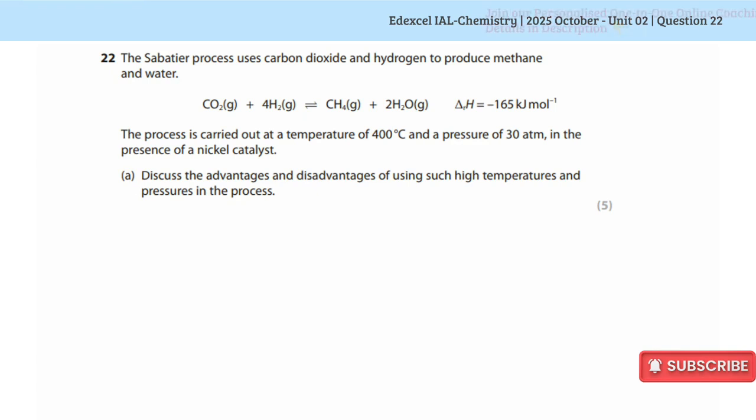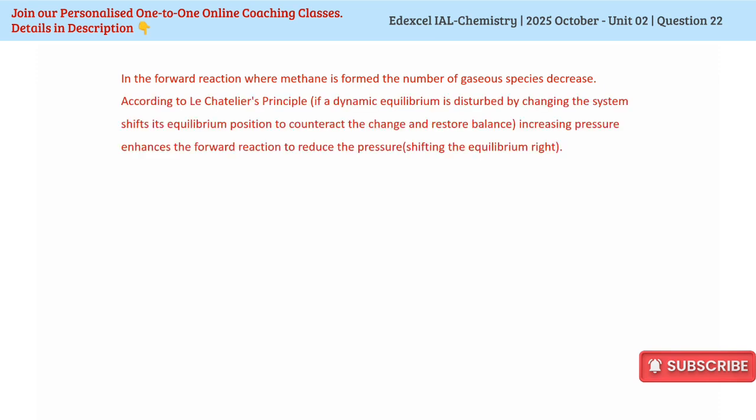So we can see the forward reaction which produces methane is giving rise to a reduction of the number of gaseous species present in the system, therefore increasing the pressure, according to Le Chatelier's principle, which states if a dynamic equilibrium is disturbed by a change in the system, the system shifts its equilibrium position to counteract the change and restore the balance.